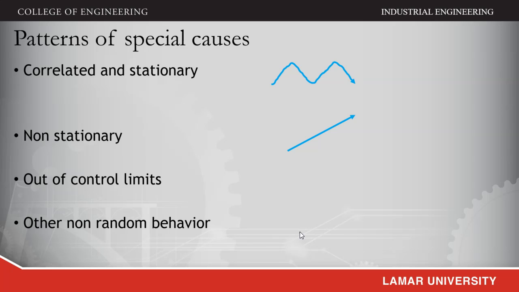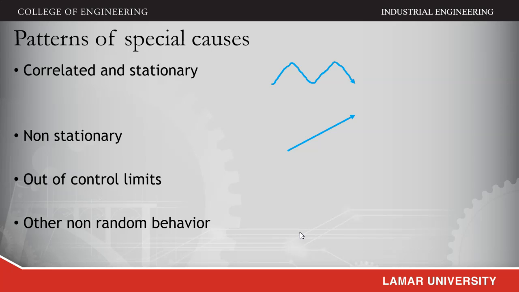And if we can eliminate it, then we could probably reduce the variability of the process without changing the mean. There are other situations in which the process is not stationary, and everything that has a trend, either to increase or decrease the key performance measure or the key variable, is considered non-stationary.